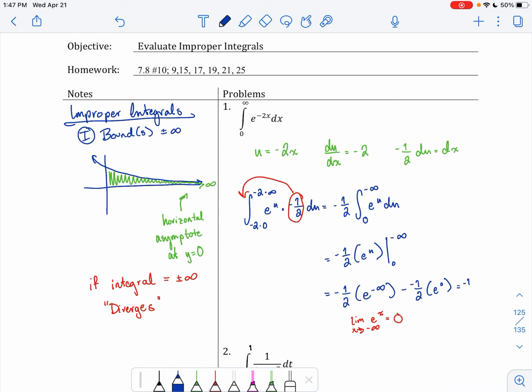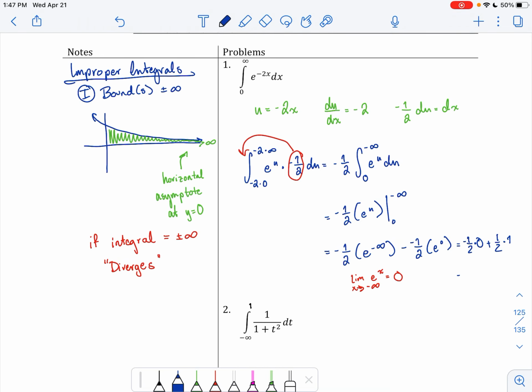So we have negative 1/2 times 0 for e to the negative infinity, plus, simplifying those negatives, 1/2 e to the 0, which is 1. So this improper integral converges because it equals a number, and that number is 1/2. All this area under the curve here is equal to 1/2.